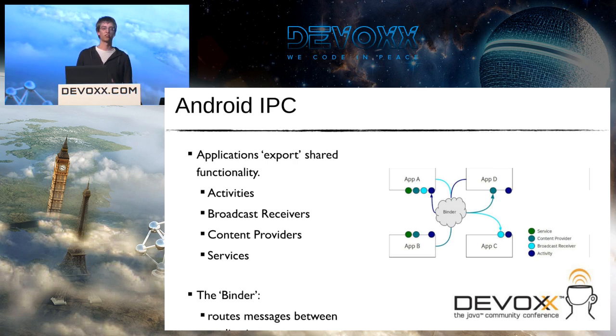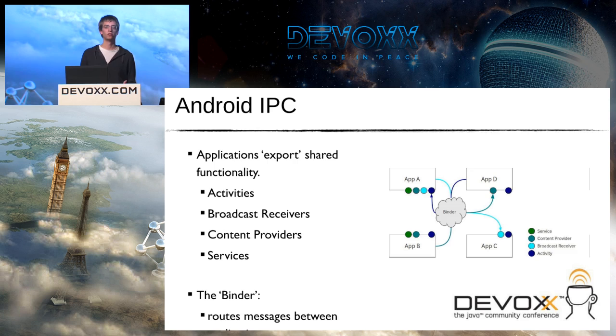You share services with other applications by exporting endpoints. You can export an activity, which is a UI view that appears on the screen, a broadcast provider that allows you to send messages system-wide, content providers that allow access to the database and file system of your application, and services that do the background processing.